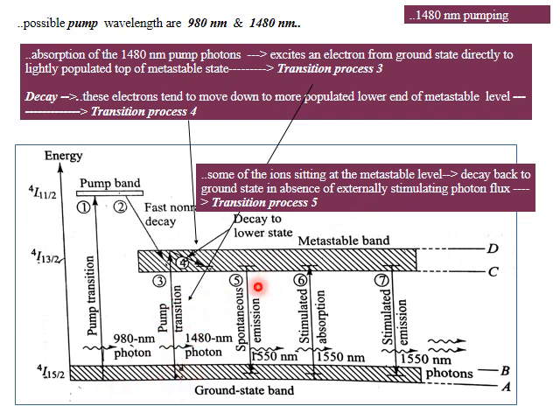After that, when the light beam is removed and photon pumping is removed, some of them will try to come back to the ground state. This is actually called spontaneous emission. Here you can see it has been shown as transition process 5. Some of them will try to come back to the ground state.